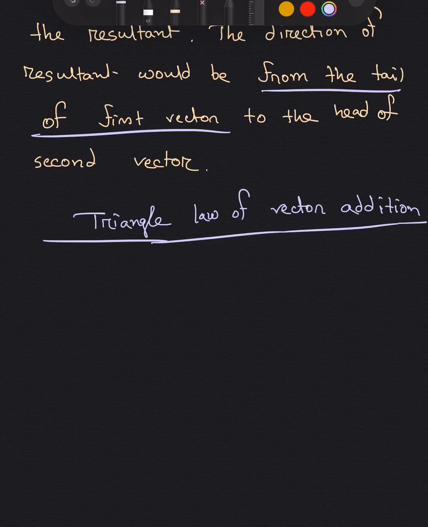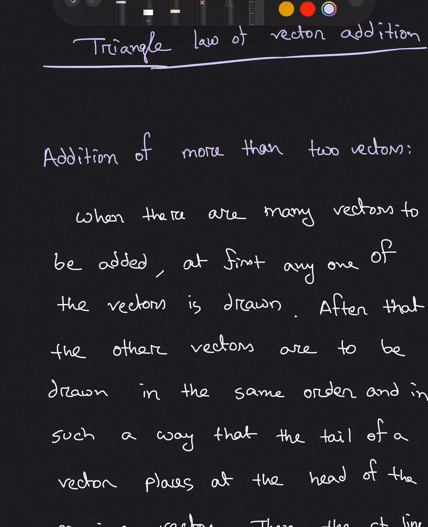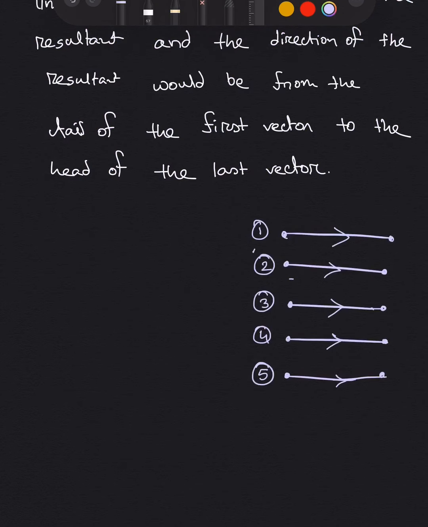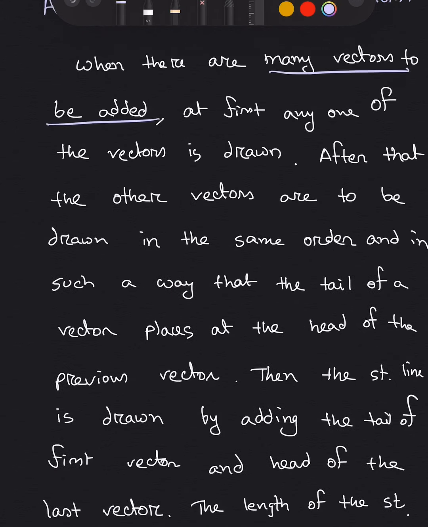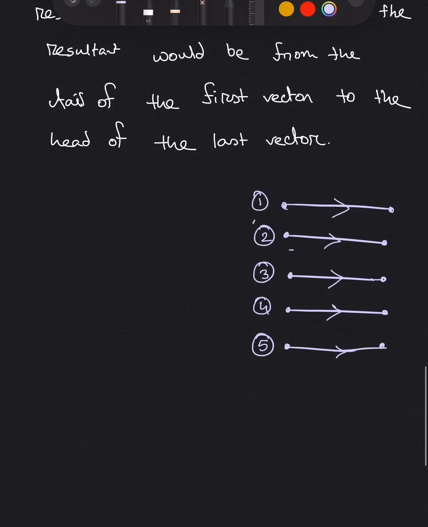Now coming to our second type of addition, which is addition of more than two vectors, we get this when there are many vectors to be added. Suppose we have these 5 vectors and we need to add them. At first, any one of the vectors is drawn. So we draw the number 1 vector and name it AB.